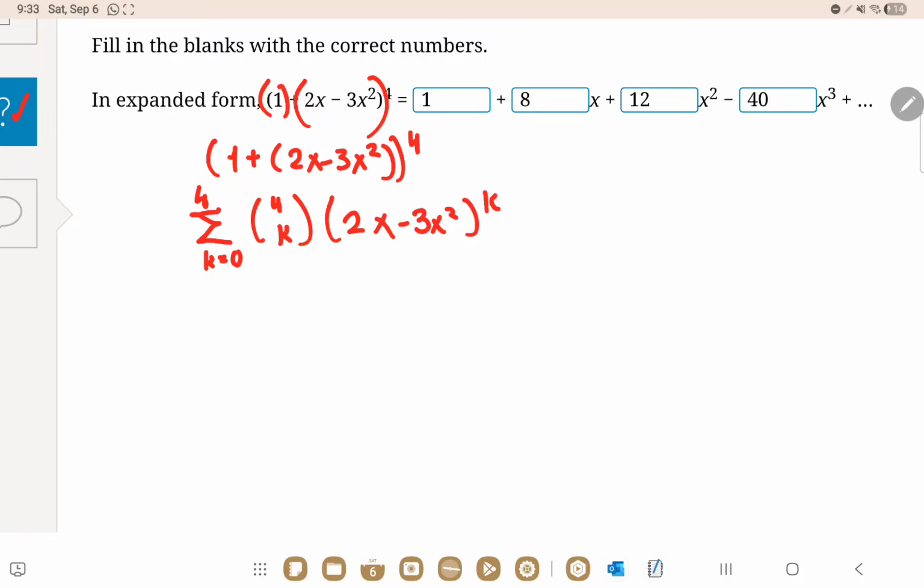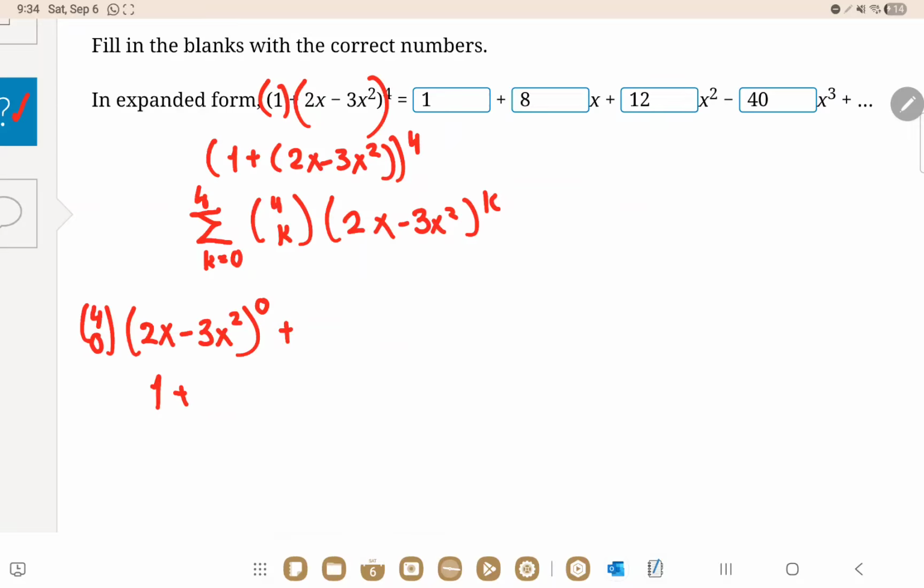So now let's begin. So we have 4 combination 0 times 2x minus 3x squared power 0. Both of these are equal to 1. So that's just 1.